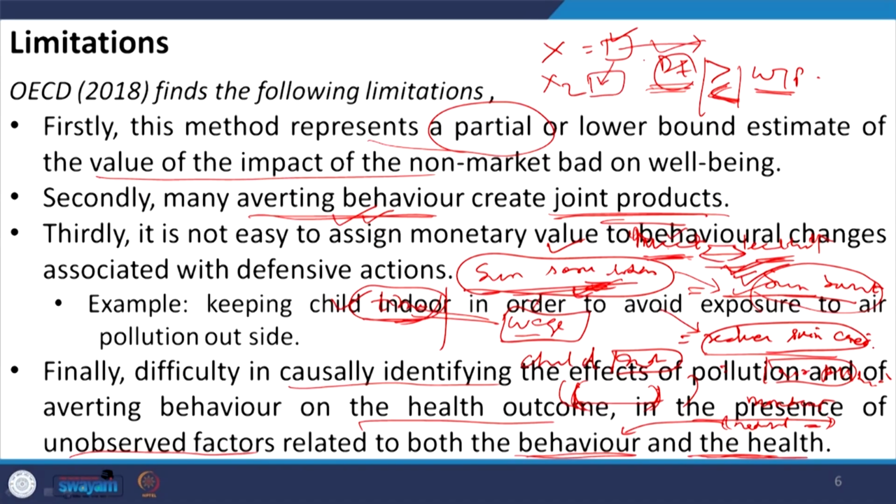So, when you forbid the same behavior for both children, and you are not taking these natural systems into account, which are related to the behavior as well as the health outcome, then there is a difficulty in causally identifying the effects of the pollutions and the averting expenditure, the averting behavior, in terms of the health outcome.